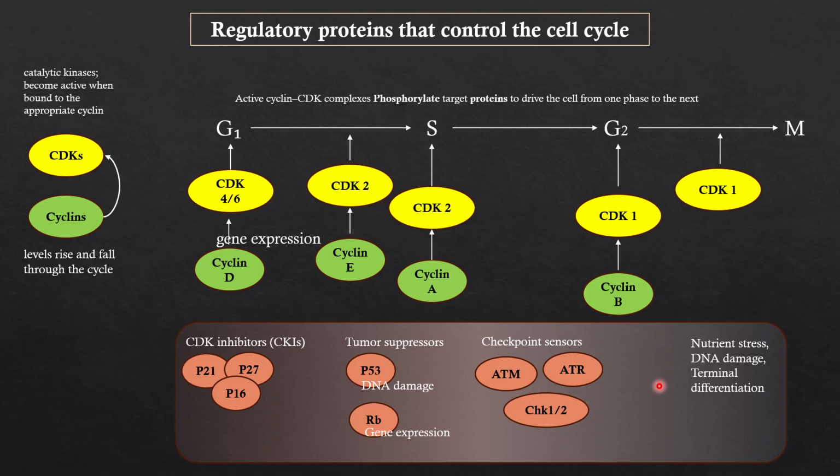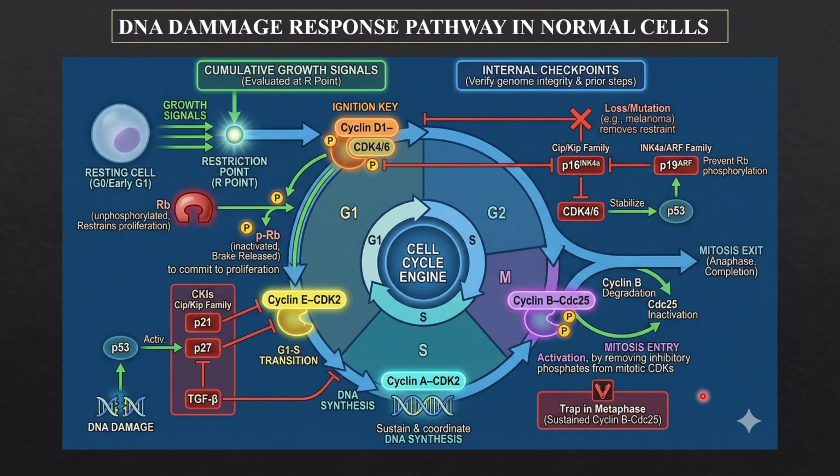Finally, the entire system is influenced by external and internal conditions, such as nutrient availability, cellular stress, DNA damage, and differentiation signals. These inputs ensure that the cells only divide when the conditions are favorable and the genome is intact.